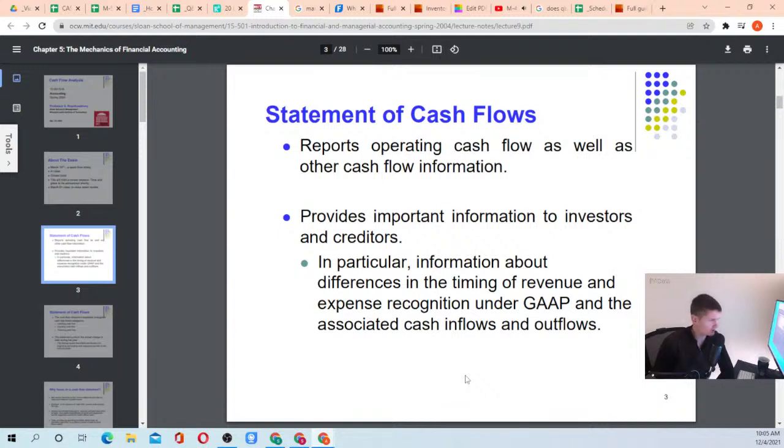So you generated a lot of revenues and profits, but you ran out of cash. You ran out of cash because all of your revenues are still accounts receivable and they didn't transform into cash. And to reconcile such differences, you present in your financials the statements of cash flow.